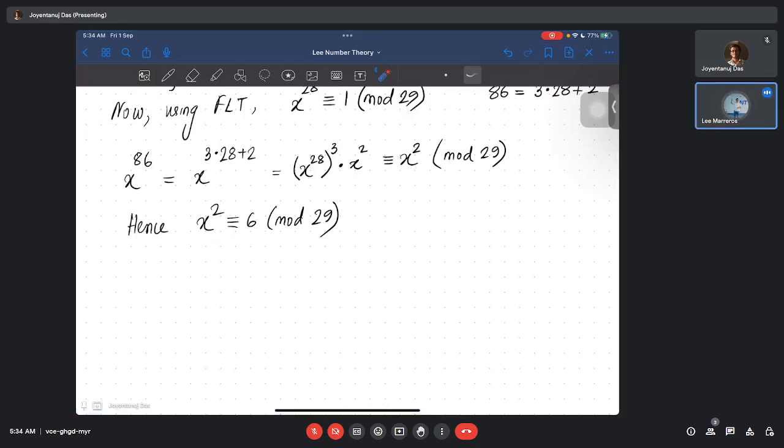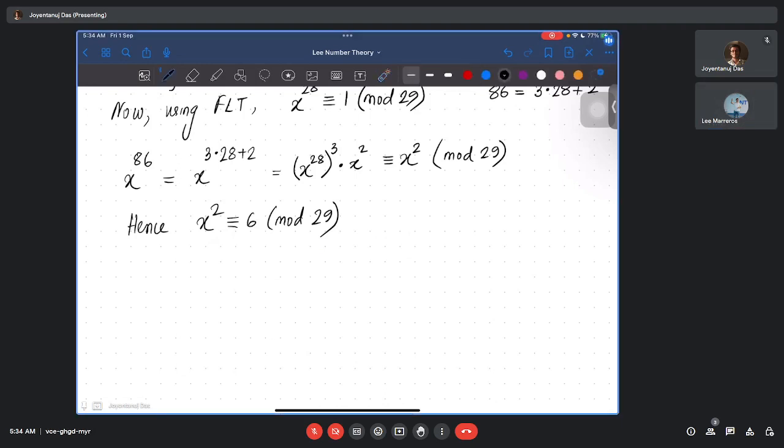Let me write it down so it will be easier. Zero will not work, of course. One is also not working because one square is one. Two, three is nine, that will also not work. Like that, up to five it will not work.